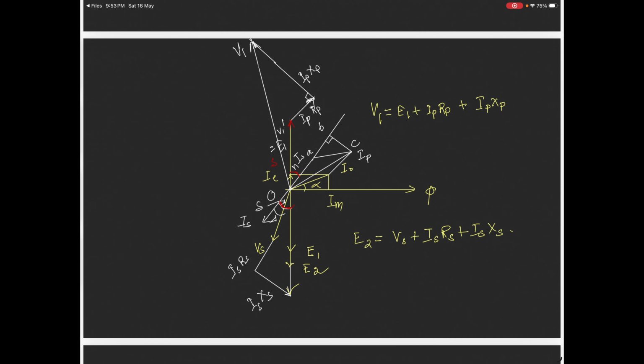So this side is for secondary section of the transformer and this portion is for the primary. So we consider the secondary voltage is leading secondary current I.